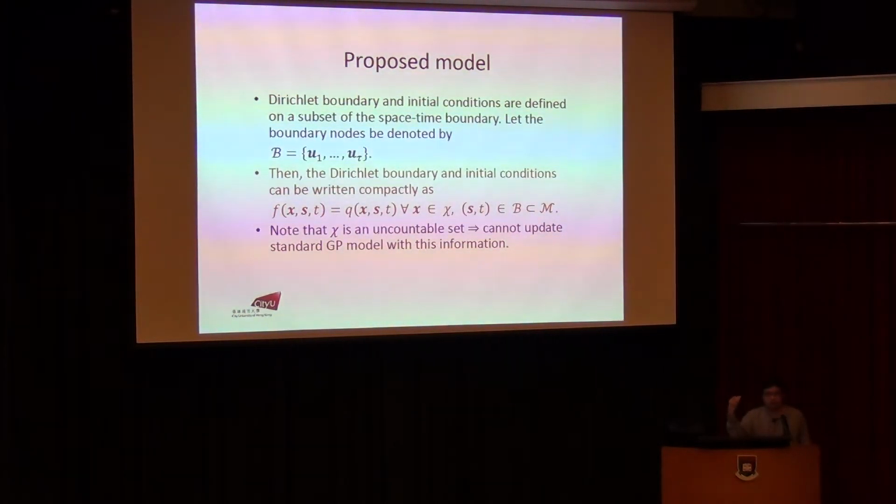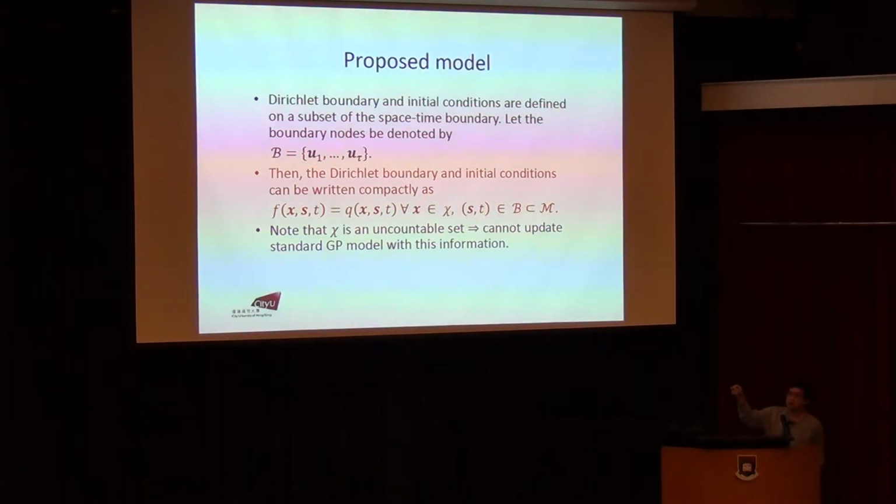So here is what we propose to do to force it to satisfy the conditions. The Dirichlet boundary and initial conditions are applied on a subset of the space-time boundary. We let the nodes at that part of the space-time boundary be denoted by the set B, and it consists of points u1 to u tau.